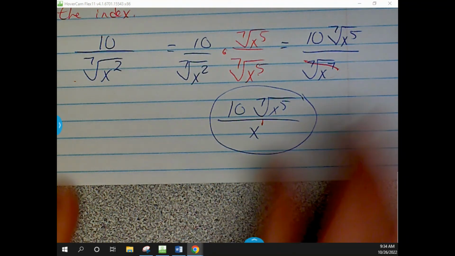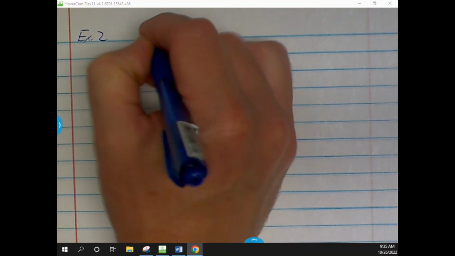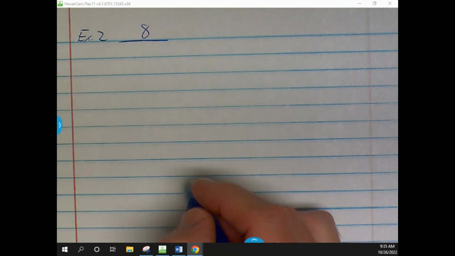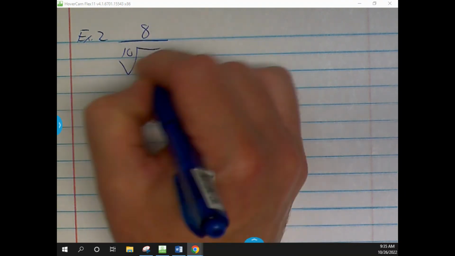All right, let's do a couple of those just to make sure everybody's okay. And again, there's not a whole lot of work with these because of how it's set up. So let's go 8 over the 10th root of b to the 3rd.